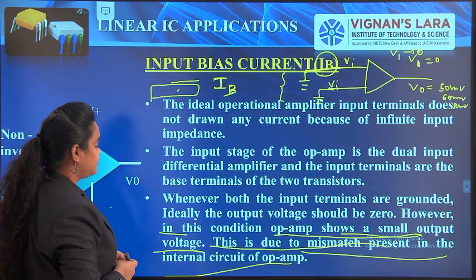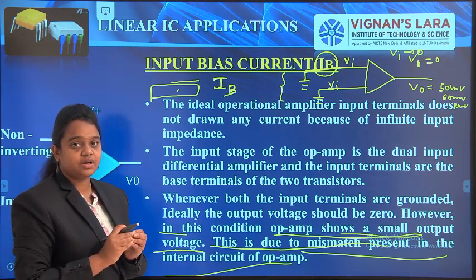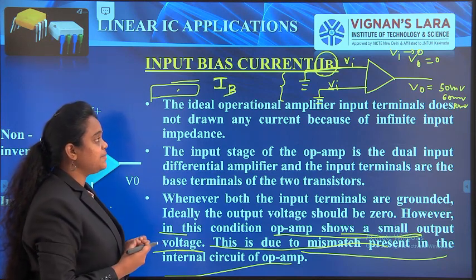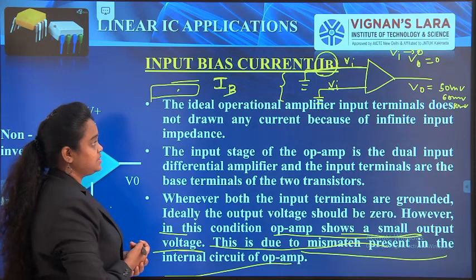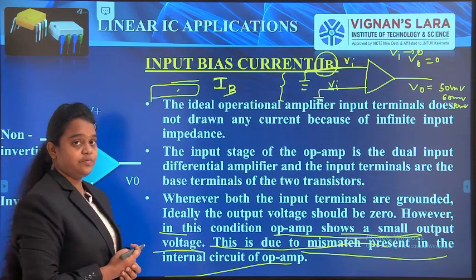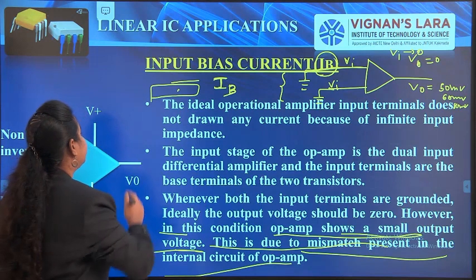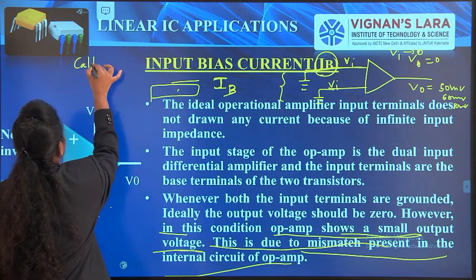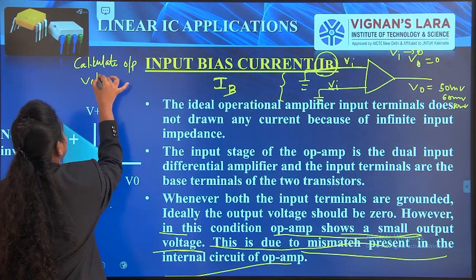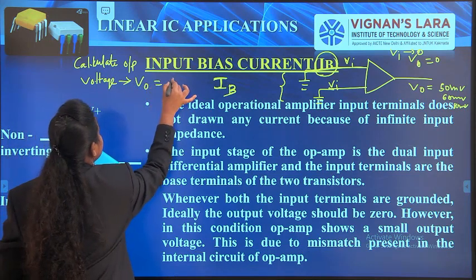So, there may be a presence of a small amount of output, due to some amount of current in the internal input terminals of the op-amp circuit. That's why there may be a small amount of current, and when we calculate the output voltage, we get V0 having some value.